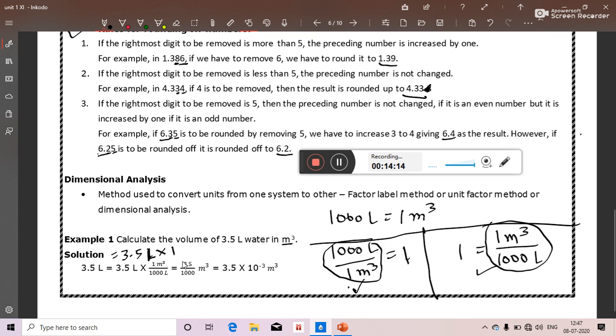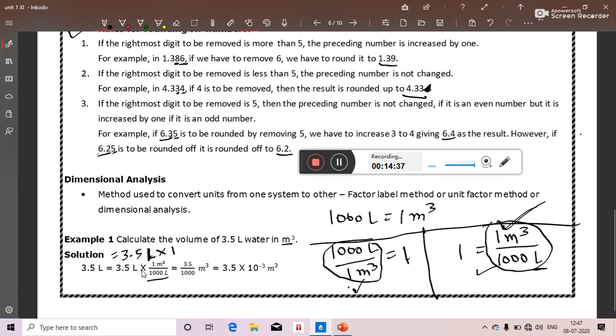So we will try that this liter should be cancelled. In order to cancel this liter, there should be liter in the denominator, then only this numerator liter will be cancelled. So out of these two, which we will use? This we will use, because here liter is in the denominator, so we will multiply 1 meter cube upon 1000 liter over here.